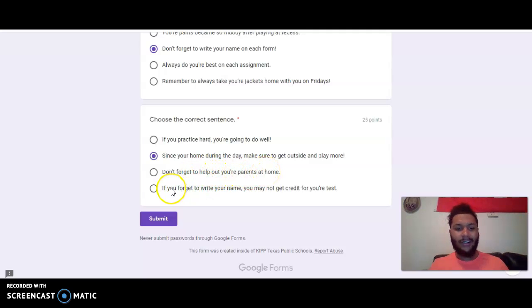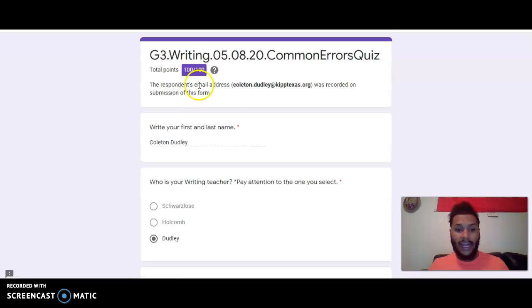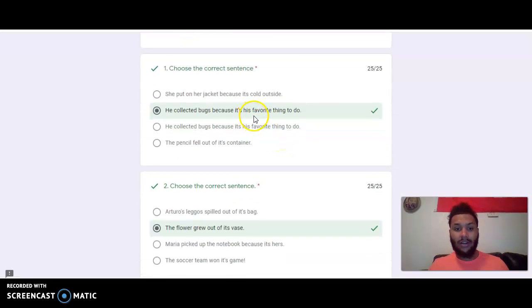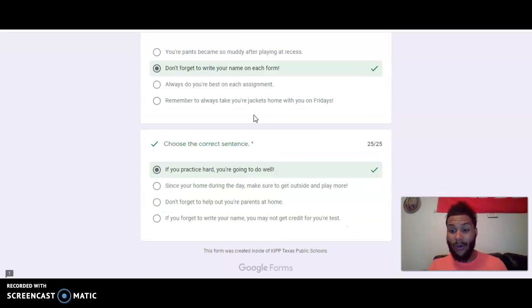No way. If you forget to write your name, you may not get credit for your tests. Still doesn't sound right. The only one that sounds right is if you practice hard, you are going to do well. That's a good answer. That's correct, grammatically correct. Let's see if I'm right for those, and it looks like I am. So we got the first one, second one, third one, and fourth one right that way.